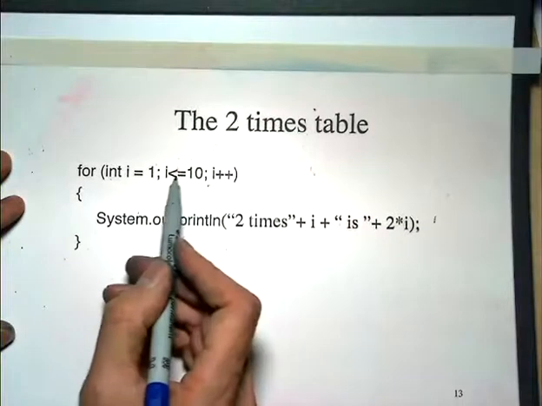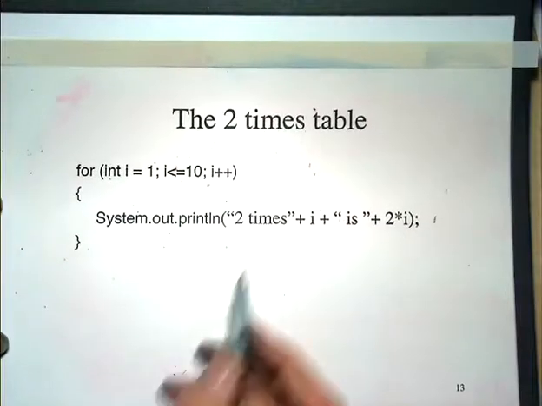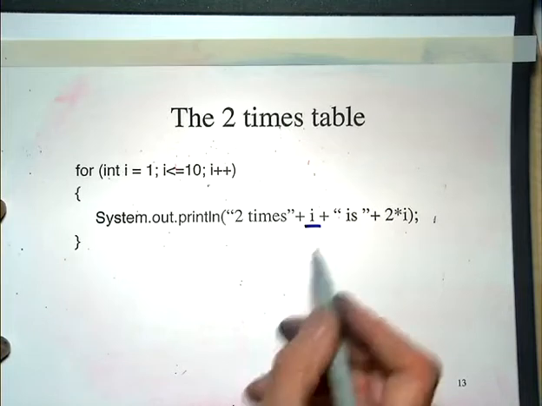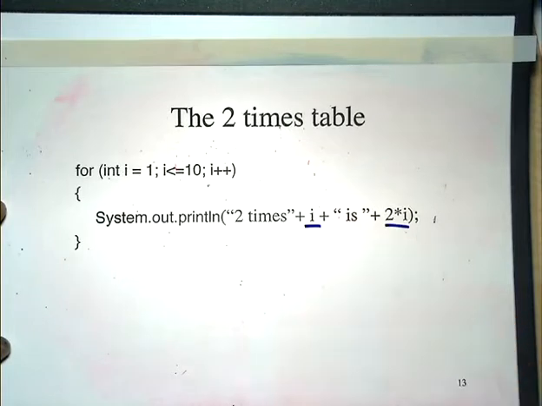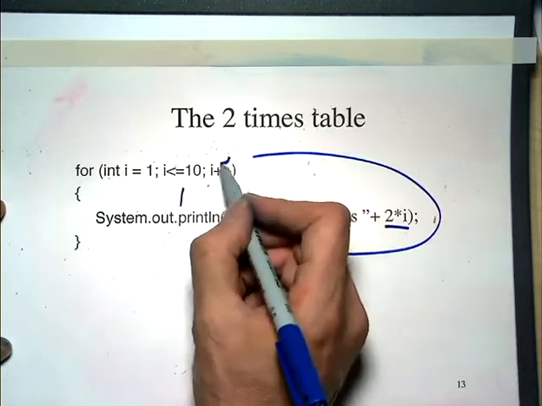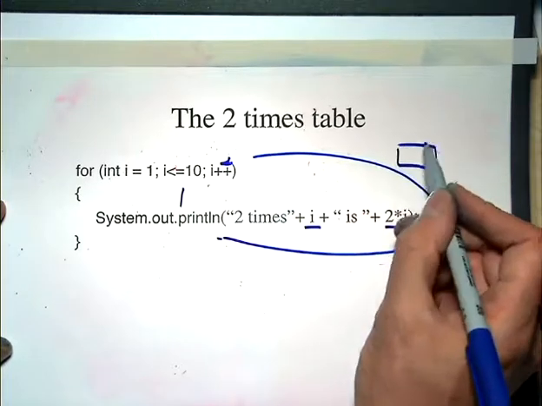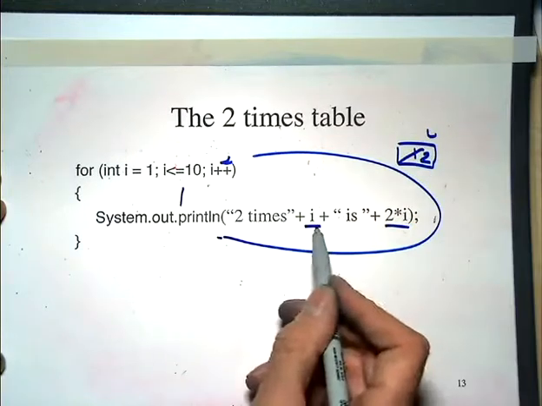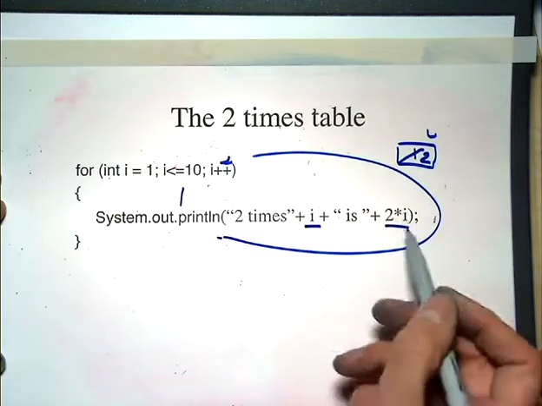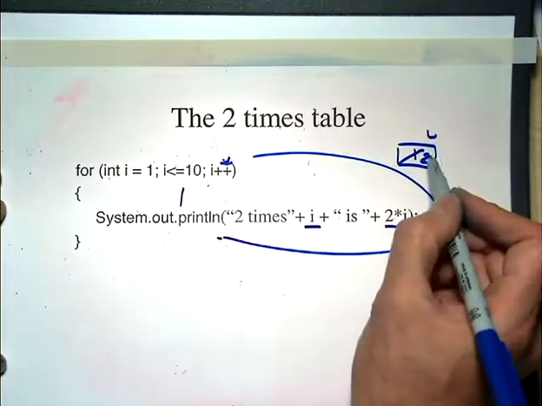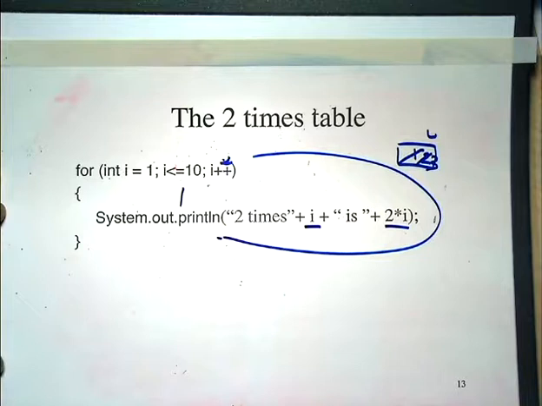Int I equals 1, I less than or equal to 10, I plus plus, 2 times I. So it will be 1 the first time, 2 times 1 is, and then it'll do a calculation of 2 times 1, and the next time round the loop, it adds 1 to I, so I was 1, I is now 2, and it will print it out again. 2 times 2 is, work out 2 times 2 is 4, so it will print 2 times 2 is 4, it will come round again, it will add 1 to make it 3, and do it again. 2 times 3 is 6, and so on.